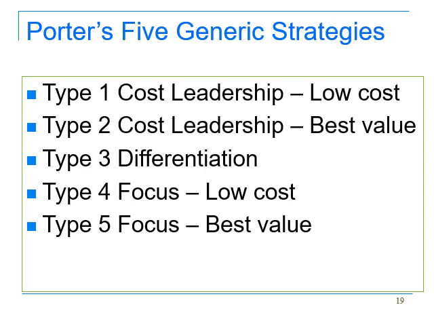As you're looking here, type 1 and type 2 strategies are derived from cost leadership, which is the first base of the generic strategies. Then type 3, differentiation, is the second base for the generic strategies given by Michael Porter, and type 4 and type 5 are derived from the third base, which is focus.